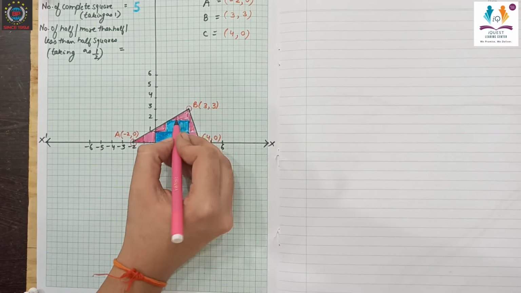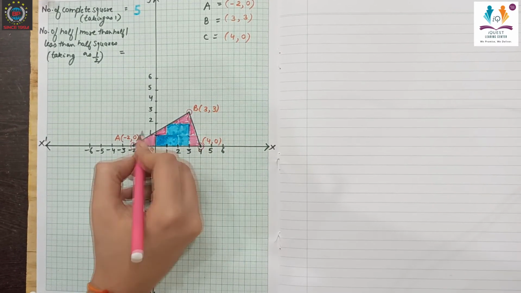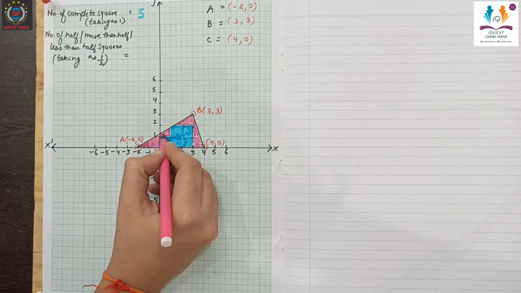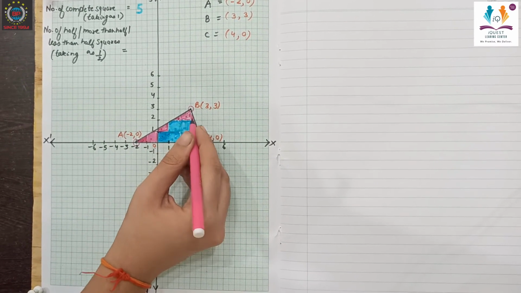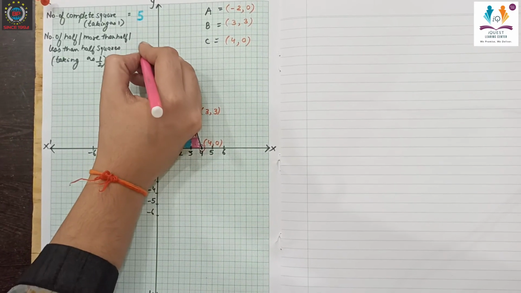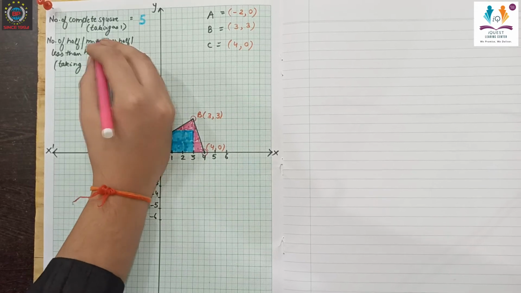So when we count all these squares, we have 1, 2, 3, 4, 5, 6, 7, 8. So we have in total 8 more than half, less than half or half squares.